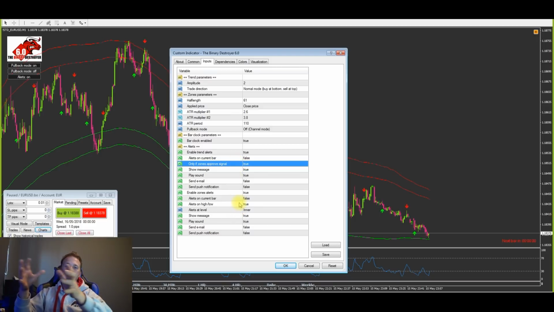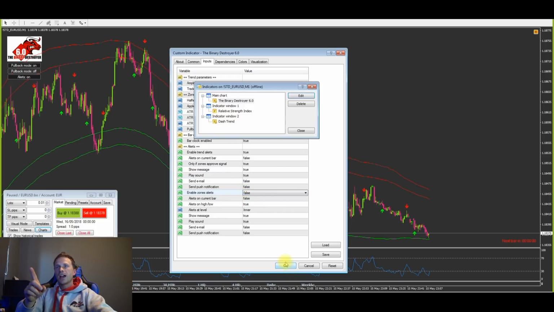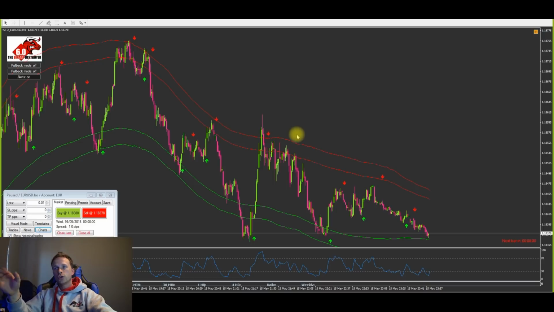This is what's good about the AND strategy: when I get this signal, everybody else gets the same signal because it will only give you a trade that meets the rules. So if someone else is trading the same currency pair as me around the world, they will get the same trade as me. So I'm going to turn these off now. I don't want to turn the zone alerts off, and we are good to go, everyone.